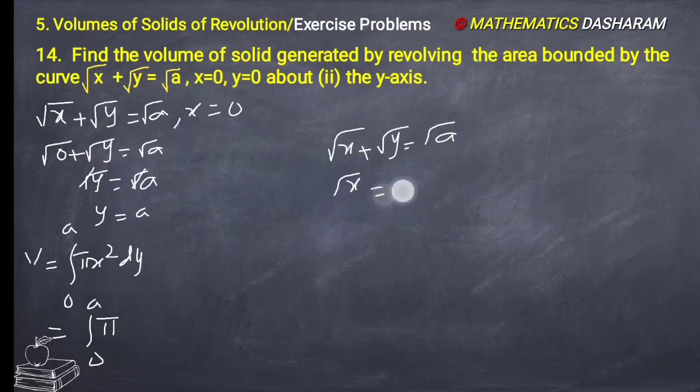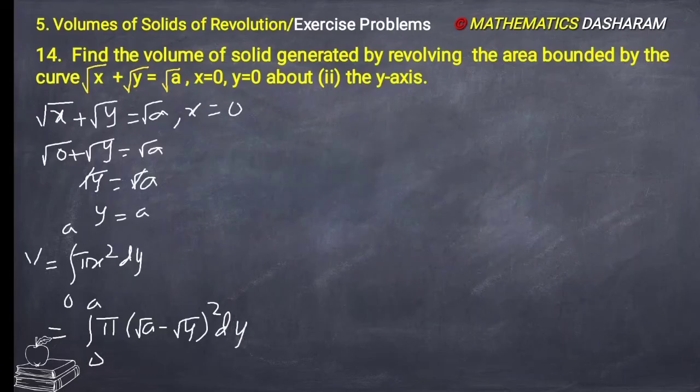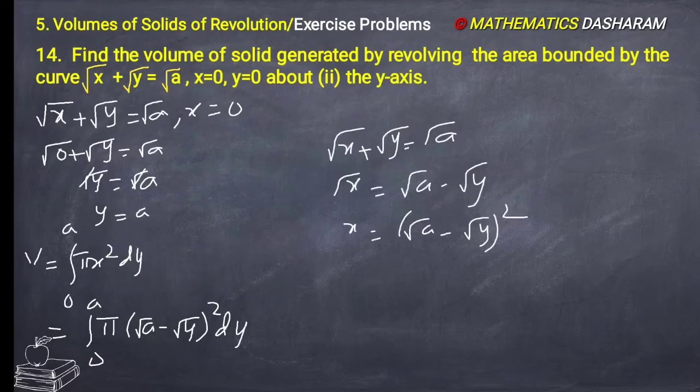Then √x equals √a minus √y, then x equals (√a − √y)². So here we have (√a − √y)² dy. It equals π, a constant, integration, sorry, here actually what is the formula? x² but it is only x, so we need to apply one more square.